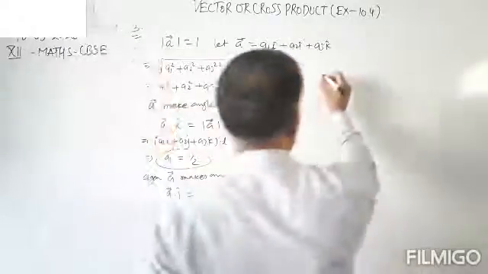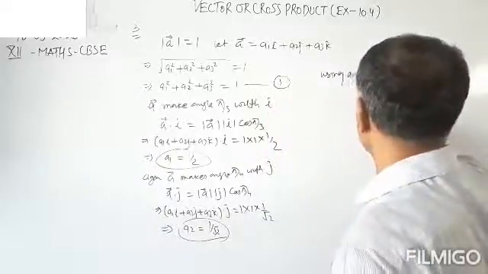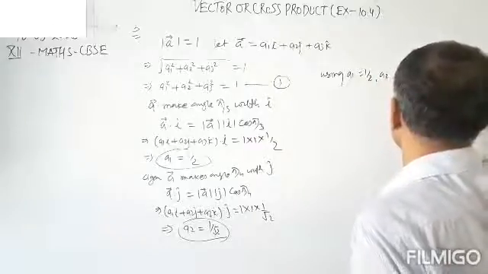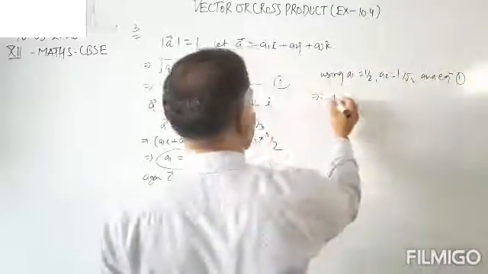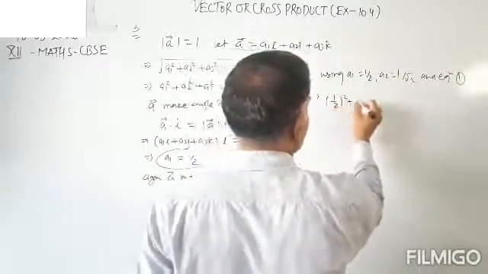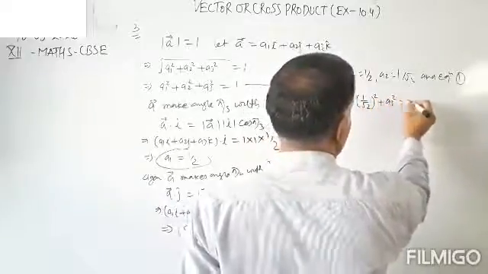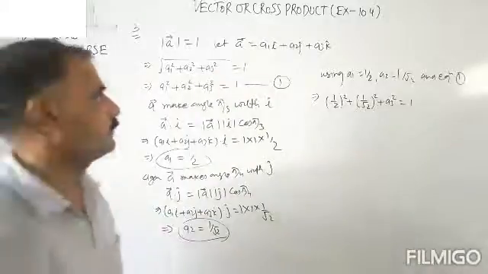So using a1 equals 1 by 2, a2 equals 1 by under root 2, and equation first, we have (1 by 2) square plus (1 by under root 2) square plus a3 square equals 1.